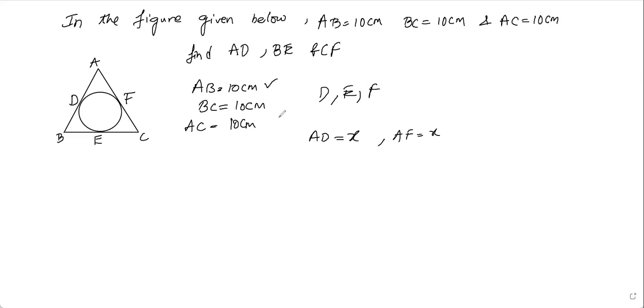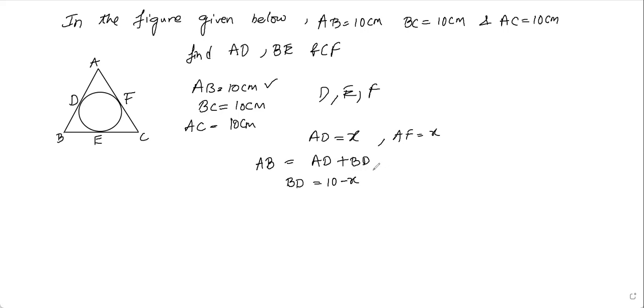So therefore BD will be, since AB is equal to AD plus BD, then BD will be 10 minus X.